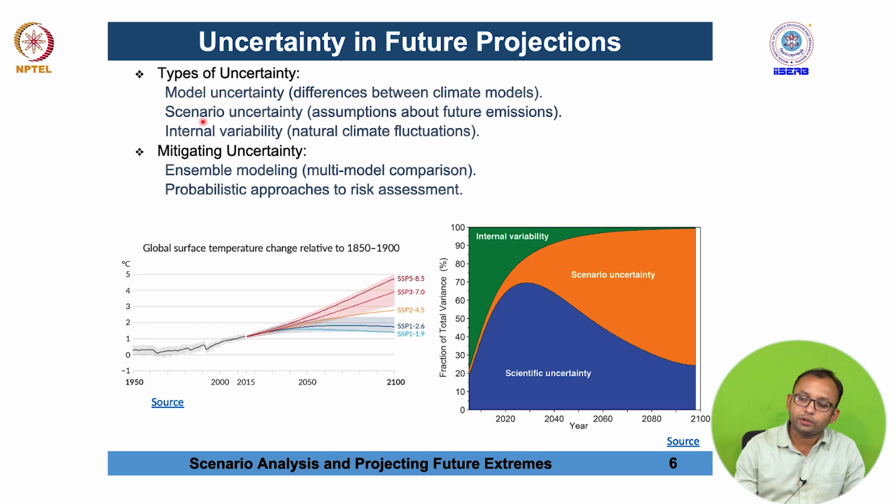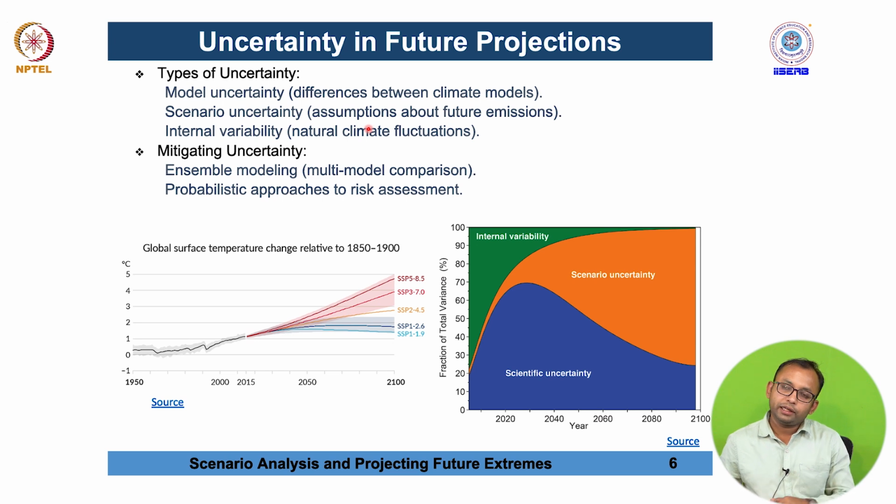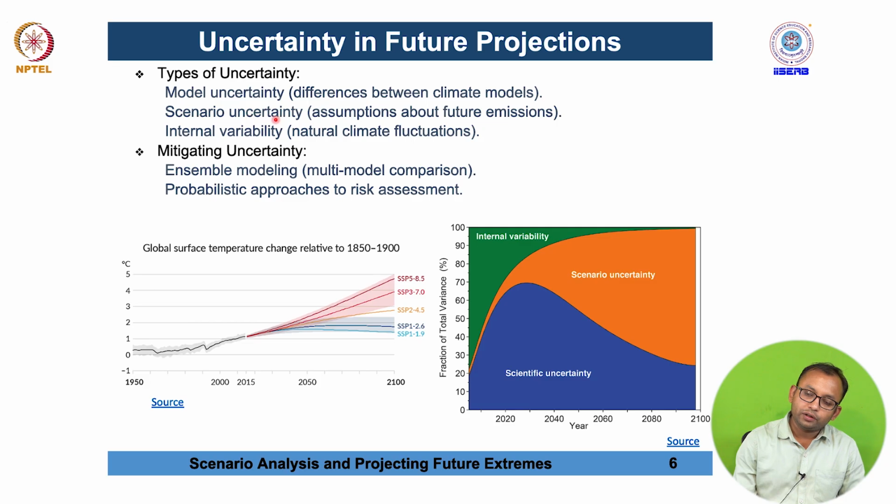Then there is scenario uncertainty, where we do not know exactly, let us say after 50, 60, 70 years, what is likely to happen. What we are thinking right now, today, might be completely different after 50 years. So, scenario uncertainty is also very important.